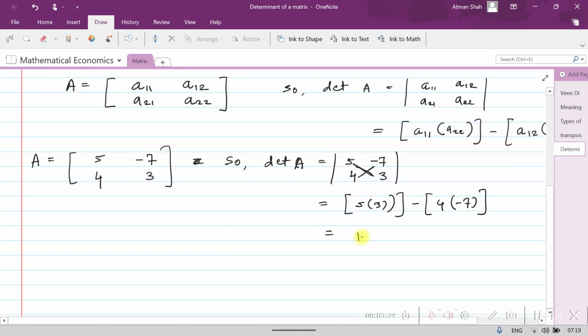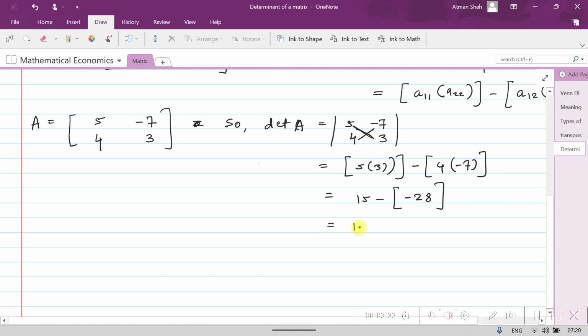So this is equal to 15 minus 7 into 4 is minus 28. So the answer is 15 plus 28. So now the value of this determinant is 15 plus 28 and therefore the answer is 43. This is how we find the value of a 2 cross 2 determinant.